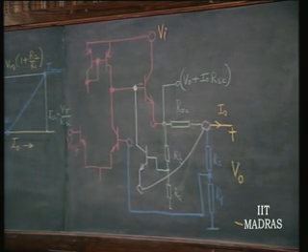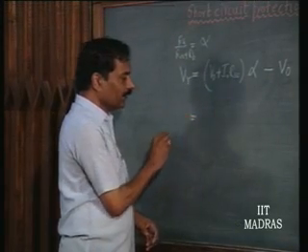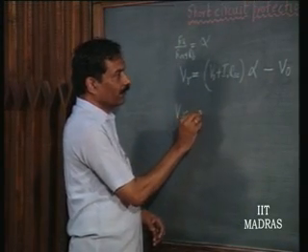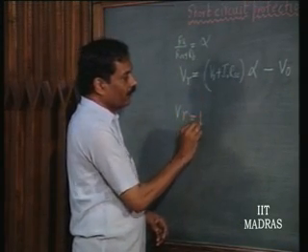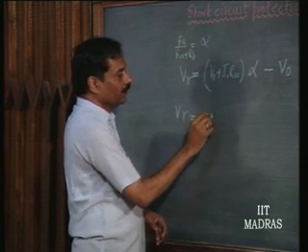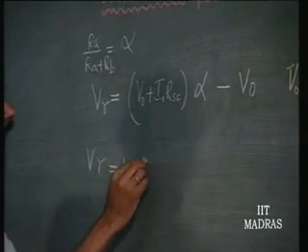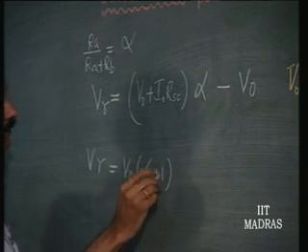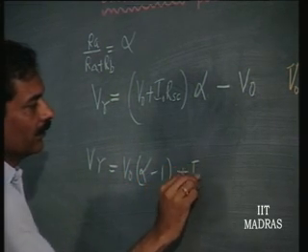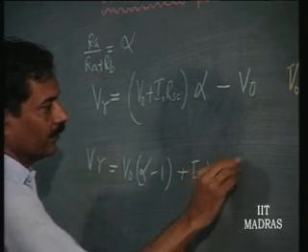So, what is this going to be now? This is nothing but V gamma equals V naught into alpha minus 1 plus I naught RSC alpha.